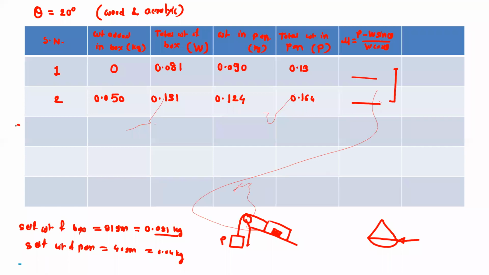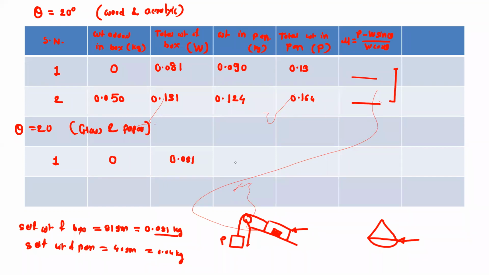For the second observation, theta was 20 and the surface was glass and paper. That means we have covered this wooden box with paper, and this surface we have replaced by glass. For the first reading, this is 0, this is 81, so it is 0.081.